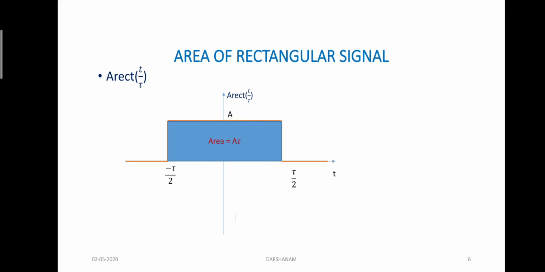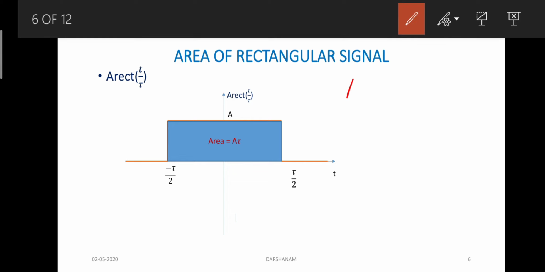Consider the rectangular function or rectangular signal, that is A into rect t by tau, where tau is the width of the rectangle and A is the magnitude of the rectangle. Then the area of the rectangle can be calculated. We know that area of rectangle equals L into B, length into breadth.